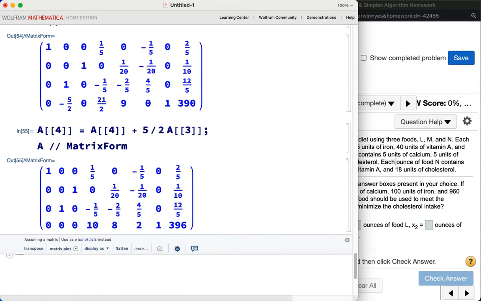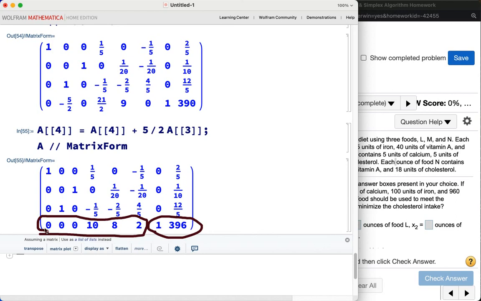Okay, and we're done. So how do I know that we're done? Ignore the last two numbers of the bottom row for right now. Do you see any negative numbers in the bottom row? Every other number in the bottom row is either 0 or positive.